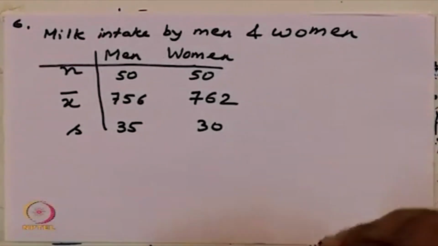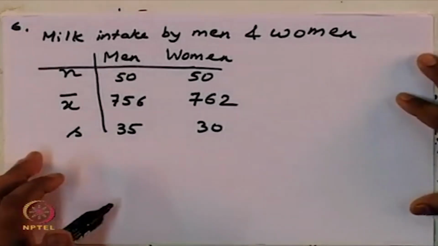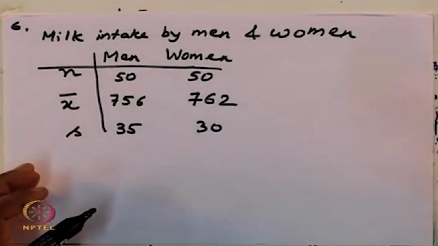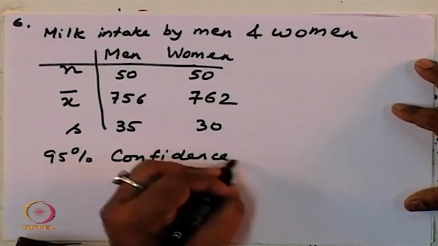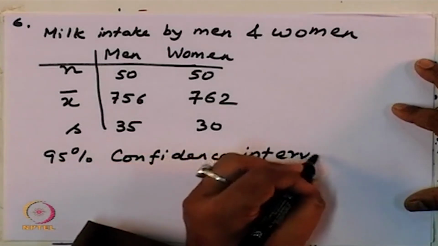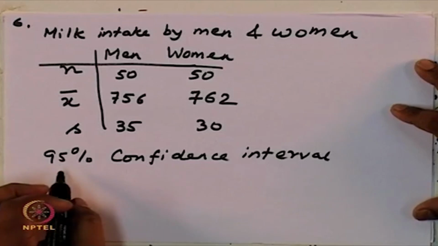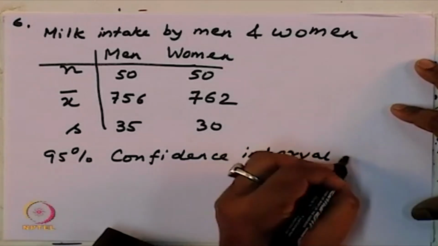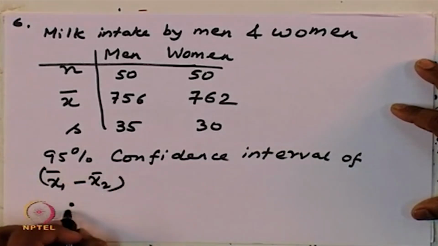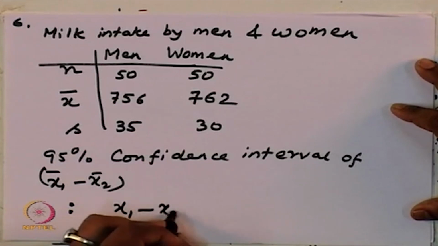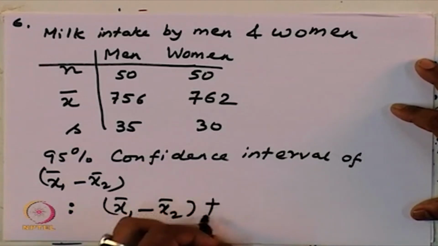You want to make a conclusion for determining whether men consume more milk than women or the other way around. So, what we can do is find out the 95% confidence interval for x1 bar minus x2 bar, and this confidence interval is given by x1 bar minus x2 bar plus minus.